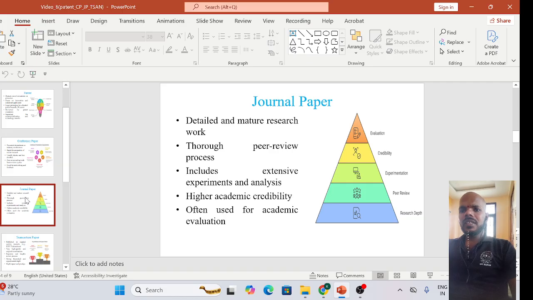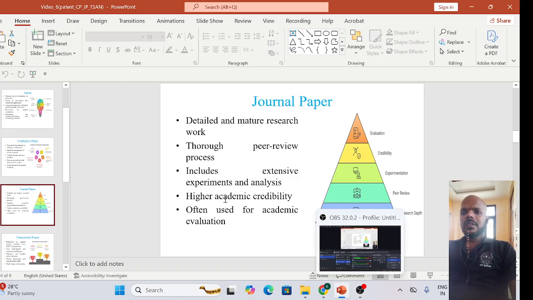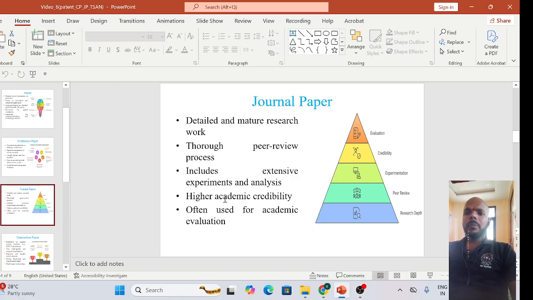Next one is the journal paper. A journal paper is mature research work compared to a conference paper, right? A thorough review process will be there, and the review process will be tougher, and it will include extensive experimental analysis.